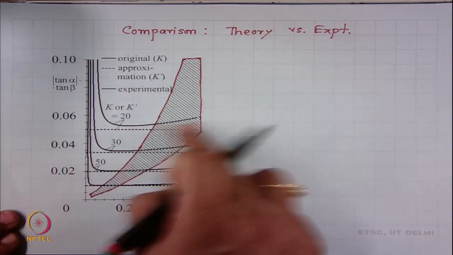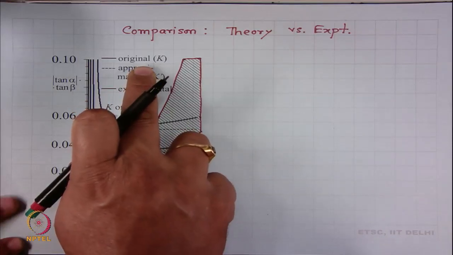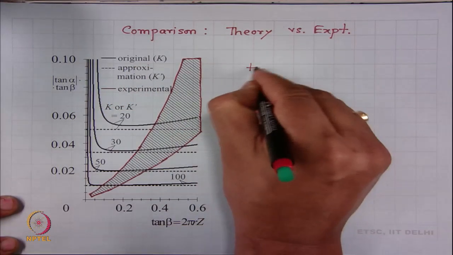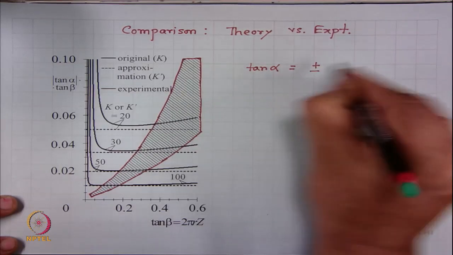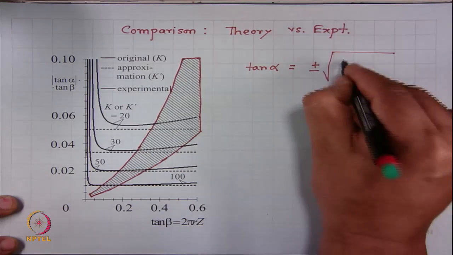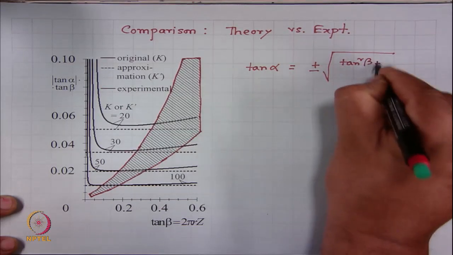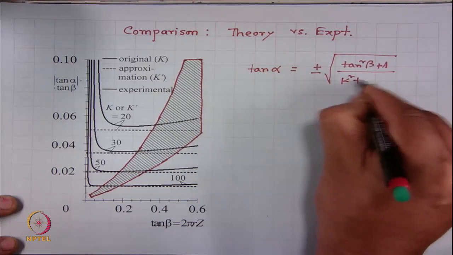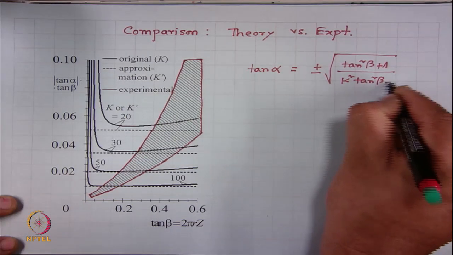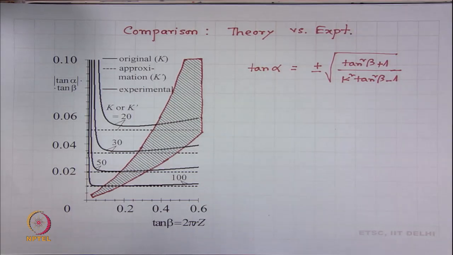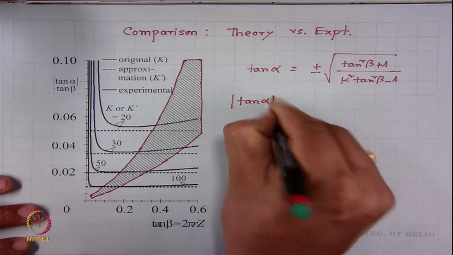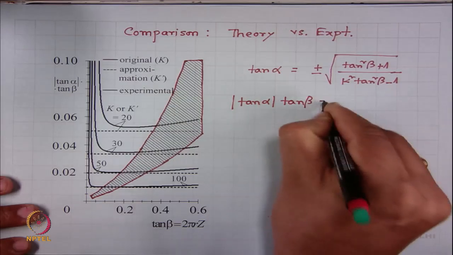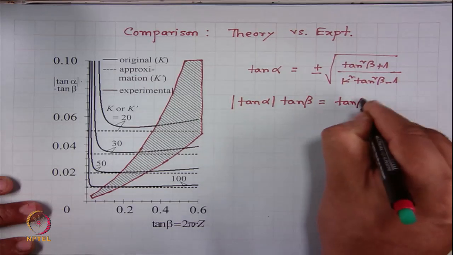Thick continuous curve is the original expression, the fundamental expression. What was that? Tan alpha was equal to plus minus square root of (tan square beta plus 1) by (k square tan square beta minus 1), is it not? That was your original expression. Now, if we take the absolute value into tangent beta, it is equal to tangent beta into this.